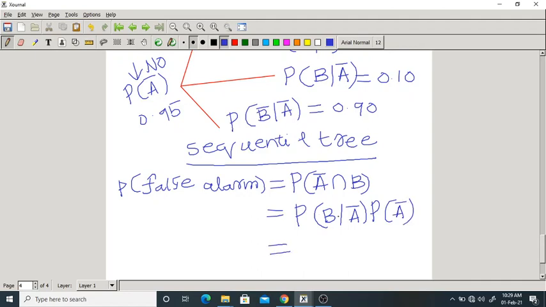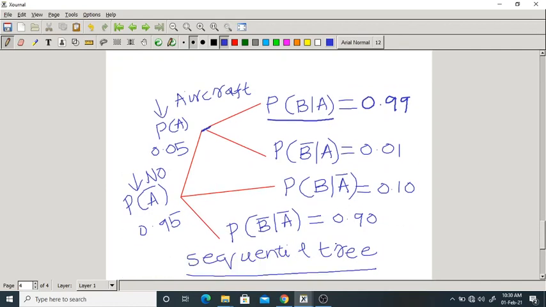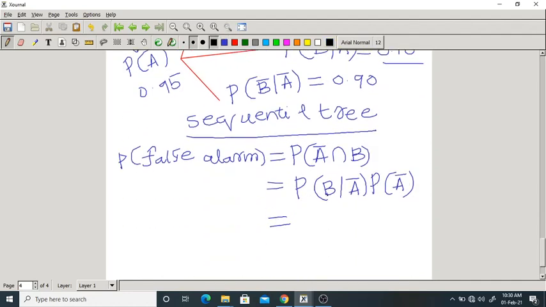The probability of B given A complement is 0.10, and the probability of A complement is 0.95. So 0.10 times 0.95 gives 0.095.